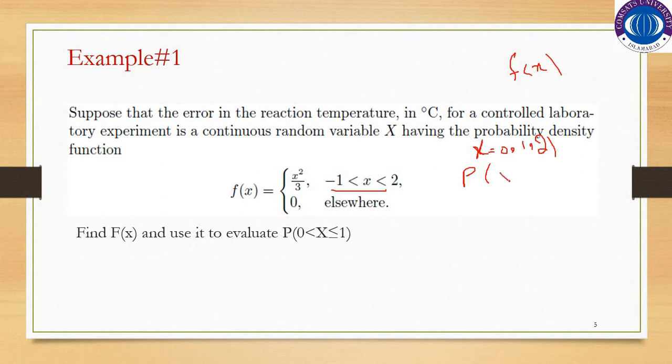Now you have to find the probability x less than or equal to 1. What you were doing there? You were simply adding the probabilities till the particular point 1, that is, probability x is equal to 0 plus probability x is equal to 1.